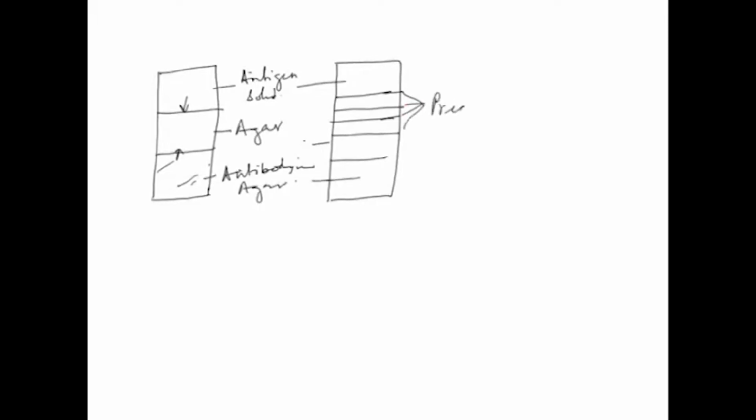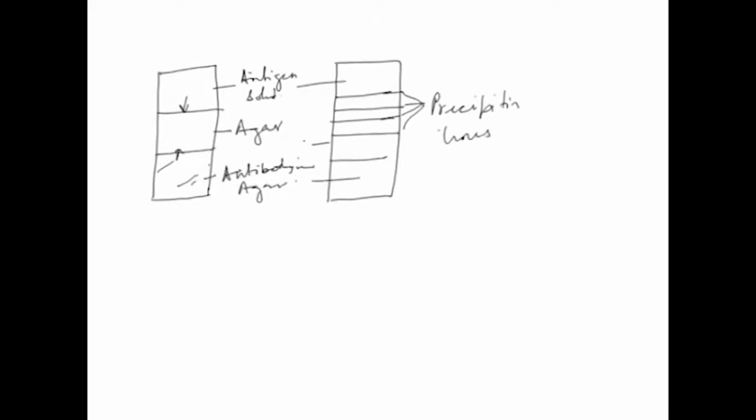So, what is going to happen now? As both things move towards each other, you will get, as we have seen, a lot of precipitin lines. These are what you call precipitin lines.